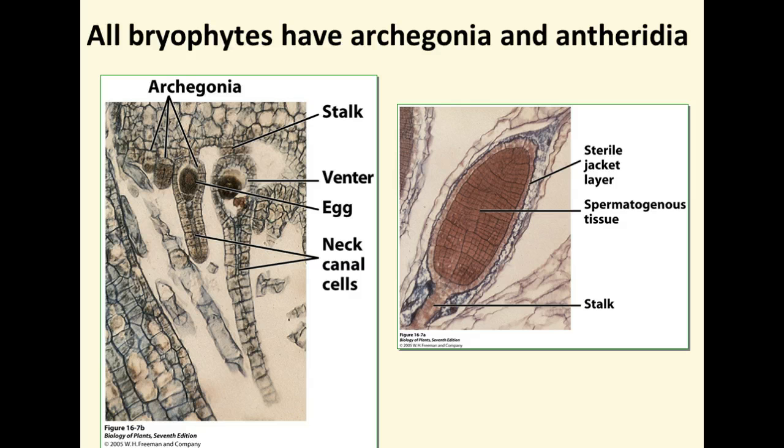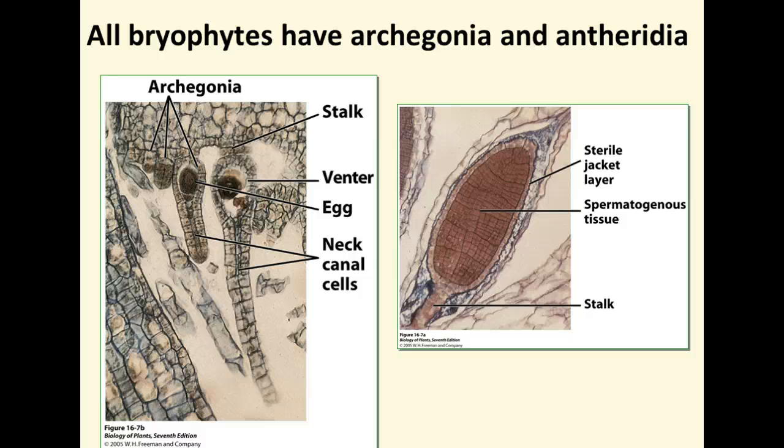So they have the stalk attaching it, the venter, which is kind of an opening. We have the egg on the inside, and then we have what are called neck canal cells. In the males, there's a stalk, spermatogenous tissue, and a sterile jacket layer.